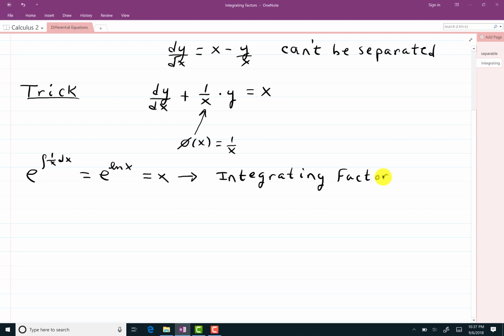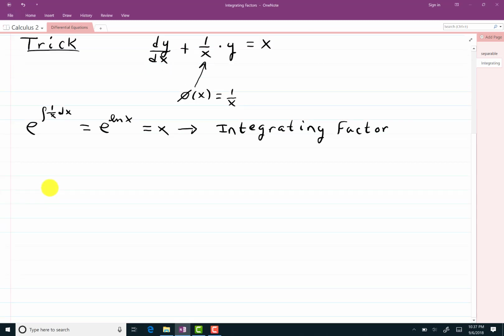So the trick that we use is multiply everything by x. So multiply the differential equation by the integrating factor.